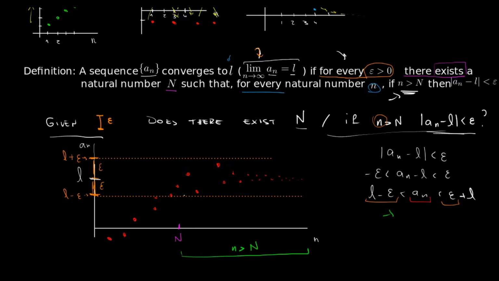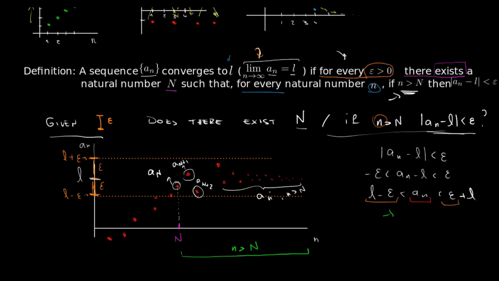Does this happen? Well, let's see. If we draw a vertical line here, we find this element. This element is a sub N, capital N. This is a sub N plus 1. This is a sub N plus 2, and so on. All these are a sub n's with n greater than N.